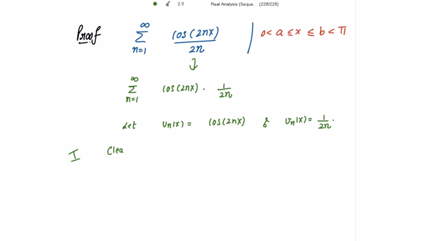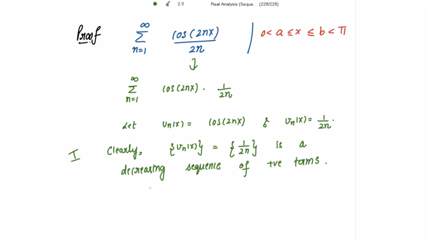So clearly, the sequence vnx, that is equal to the sequence 1 divided by 2n, is a decreasing sequence of positive terms, and it is converging to 0 as n tends to infinity. And because this vnx is independent of x, it is converging uniformly to 0.